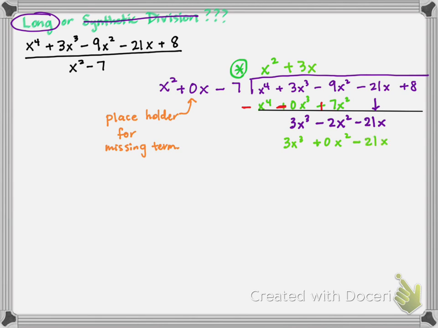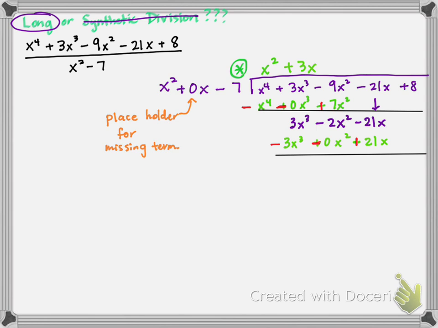Okie dokie. I'm going to grab the red pen, change the symbols of what I have. I have a positive 3x cubed, so that's going to go negative. I have a positive 0, that's going to go negative. And I have a negative 21x, that's going to go positive. From here, we combine like terms, and we get 3x cubed minus 3x cubed is no x cubes.